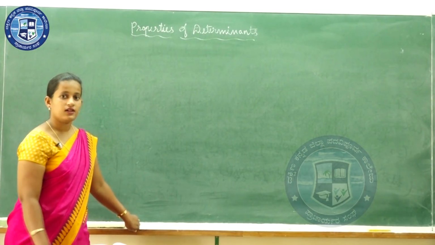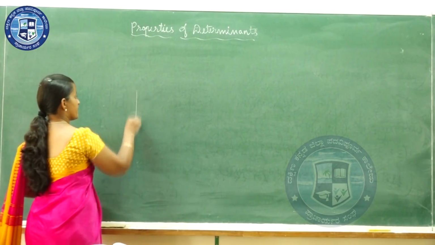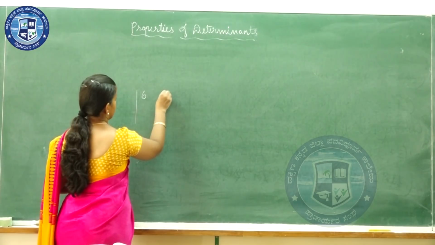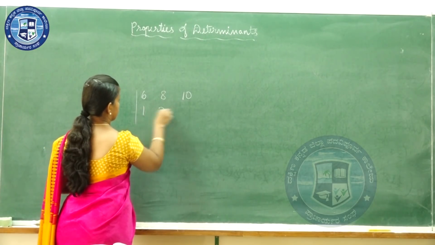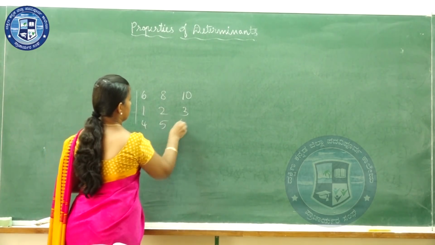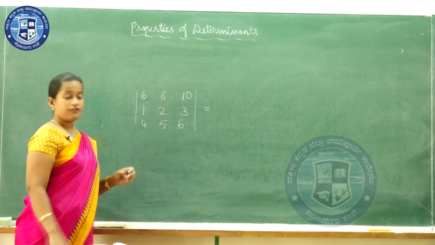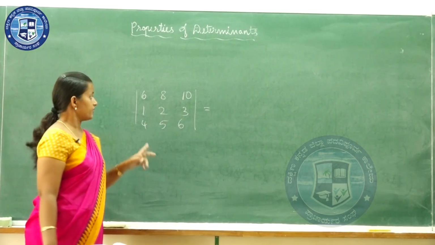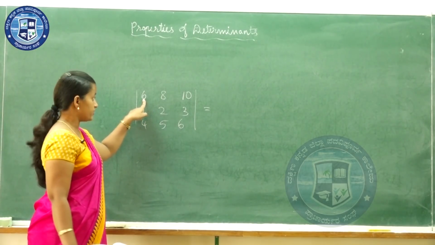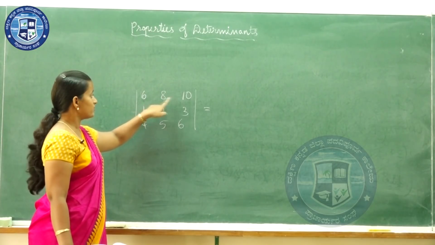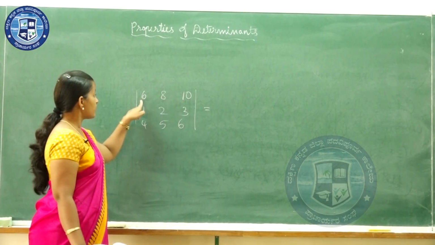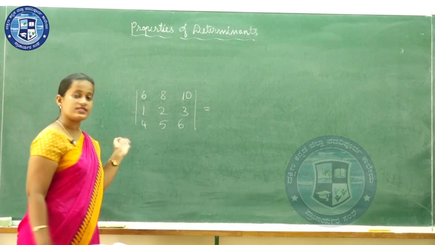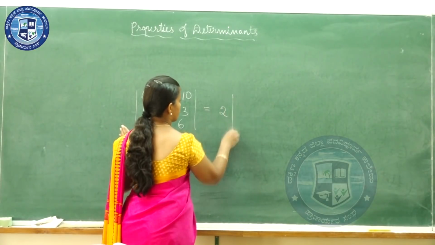Please note that property 4 is saying if in a determinant, say, in this, if you observe in the first row 2 is a common factor there, okay. You can write 6 as 2 into 3, this as 2 into 4, this as 2 into 5. So, the number 2 is common in the first row. So, you can bring that outside the determinant, that is what property 4 is saying.